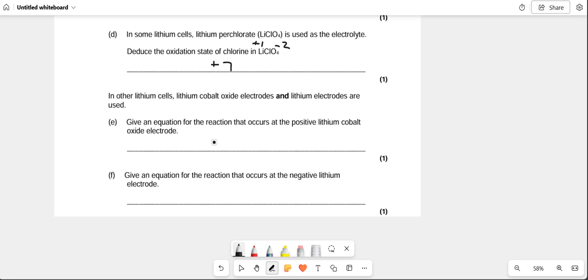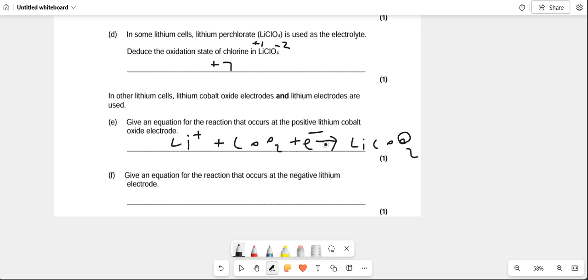At the positive electrode you've got the Li+ reacting with cobalt oxide, CoO2, and they combine together to make LiCoO2. On the left-hand side you've got a +1 charge, and on the right-hand side you've got no charge, so you just need to add an electron here to balance the charge. So that makes sense here.